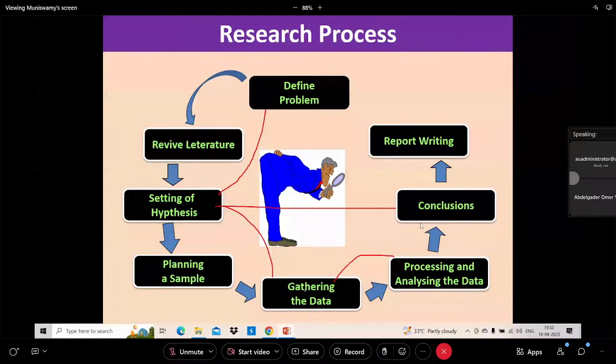So this is a research process, how to do your project work in a systematic way. If you apply it, your results will also be good. Based on the course curriculum you are doing the project, and whatever your findings, you publish them. You can publish in the newspaper or in any magazine.